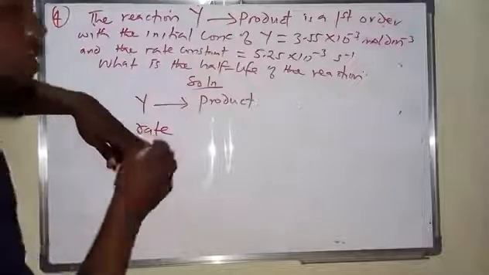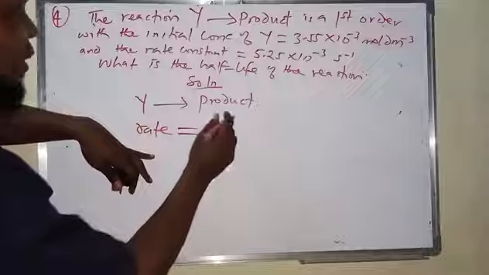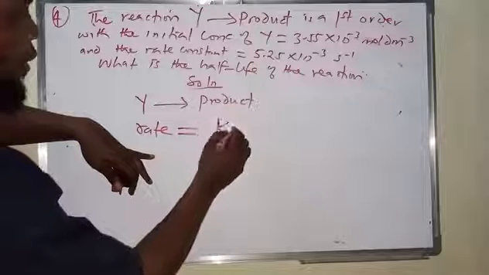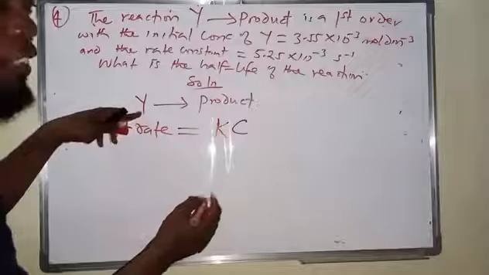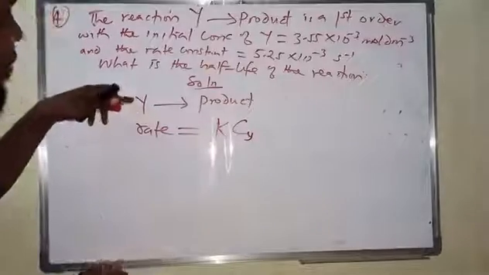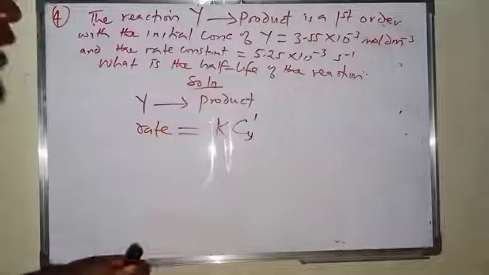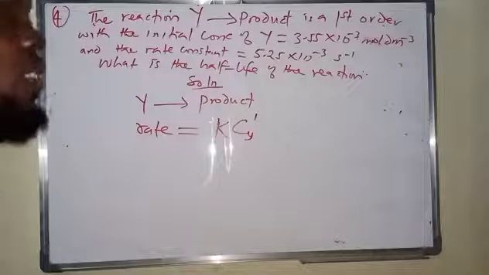The rate of the first order reaction is mathematically expressed as a rate constant multiplied by the concentration of the reactant, in this case Y, raised to the power 1. That is what makes it a first order reaction.